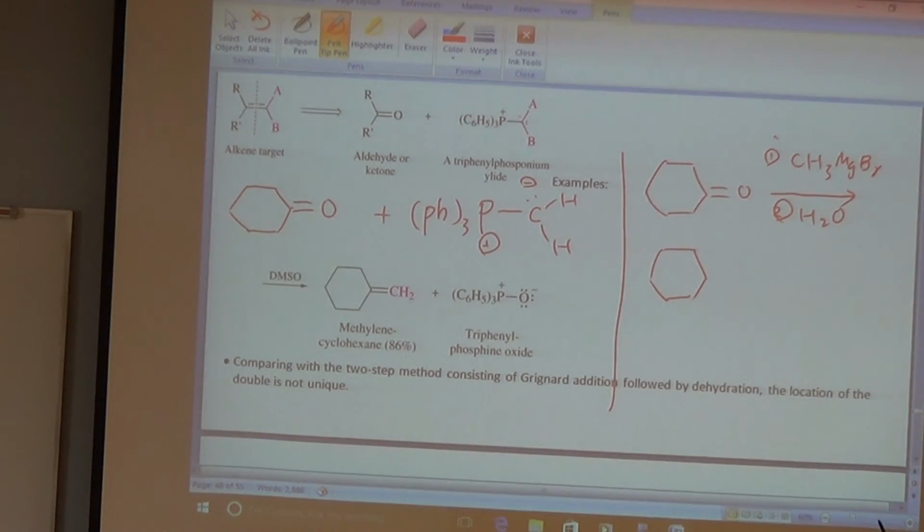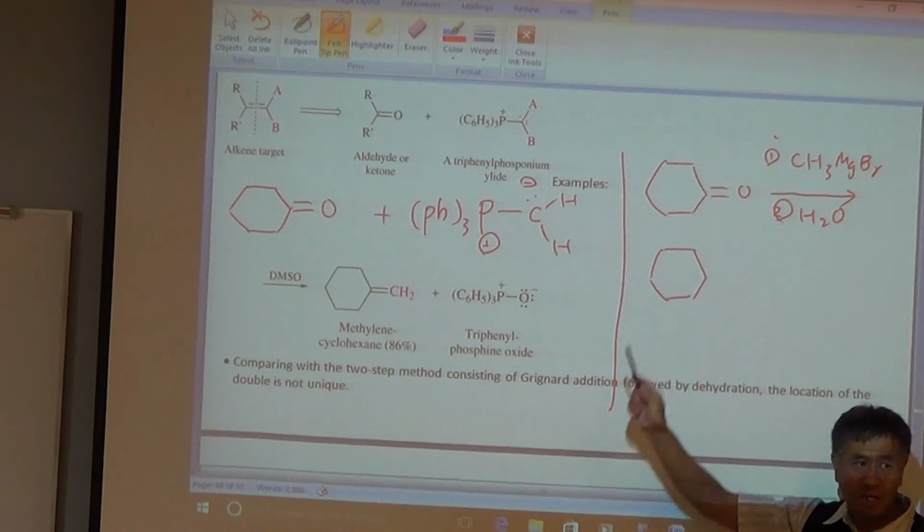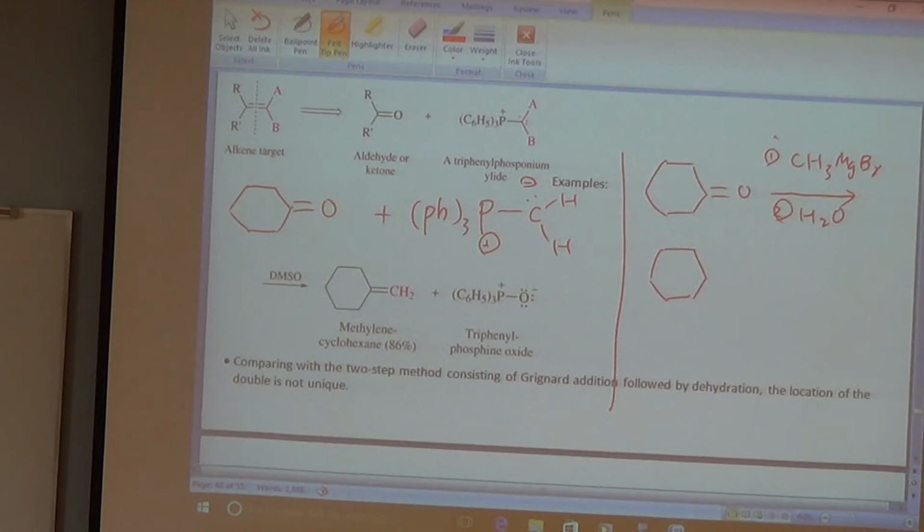So negative charge, obviously we're looking for the positive charge. Now this compound, cyclohexanone, what part has a relatively positive charge on it? The oxygen or the carbon in the carbonyl? The carbonyl carbon. Okay?